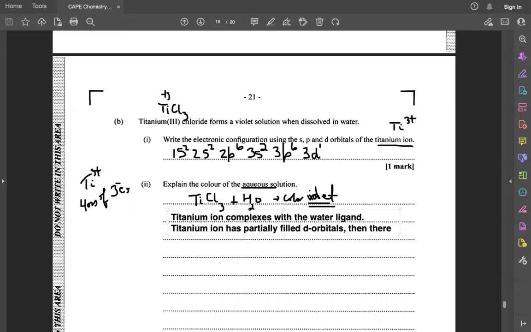Then there will be room for an electron to be promoted from a lower energy d orbital to a higher level d orbital.